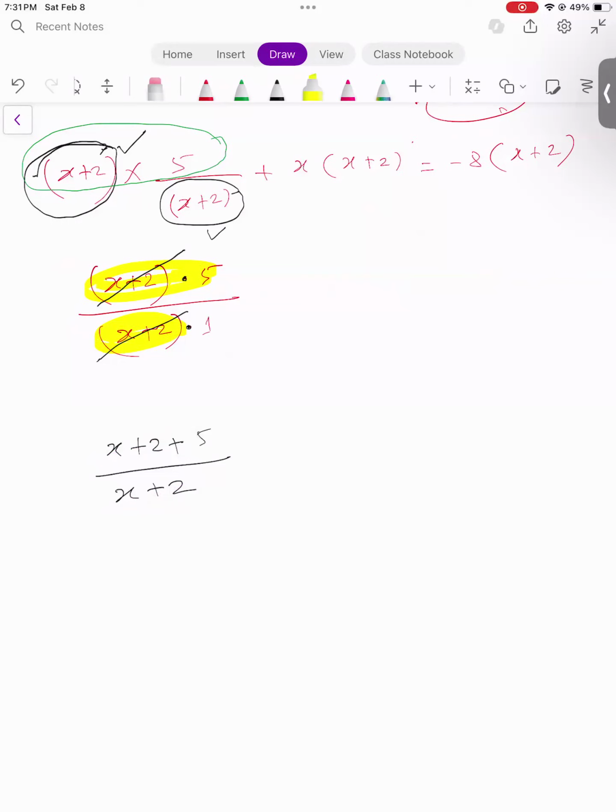Now let's check whether we have our numerator in a factor form or not. Factor form means it has to be in a product form. So we have an x, and in between x and 2 we have a positive sign, but we want multiplication. In between 2 and 5 we also have a positive. So x, 2 and 5 are not in a product form. In the same way, we have x here and 2 here, and in between these two we have a positive. x and 2 are not in a factor form, so we can't cancel.